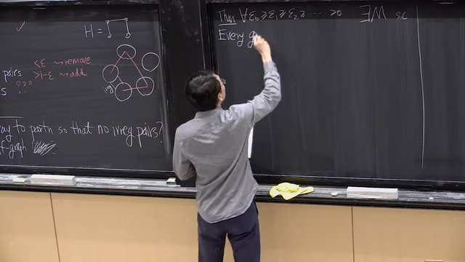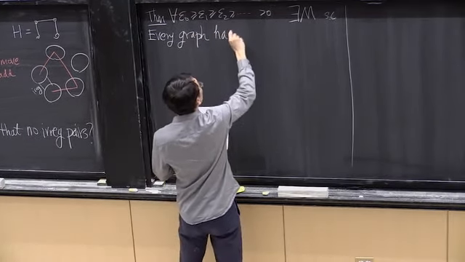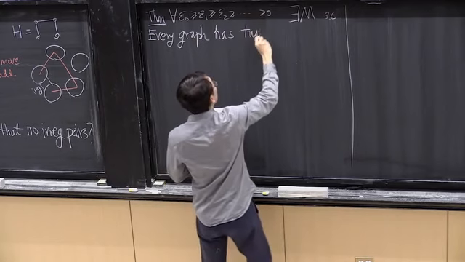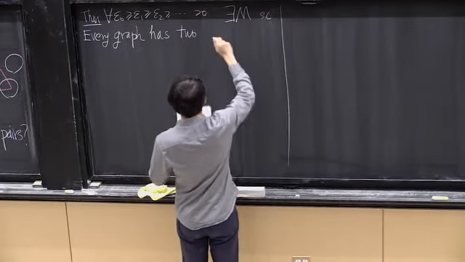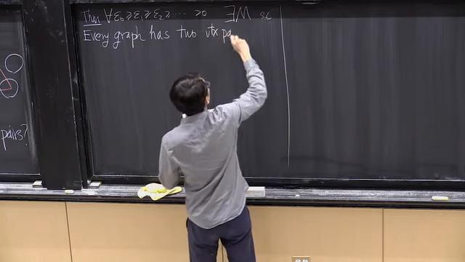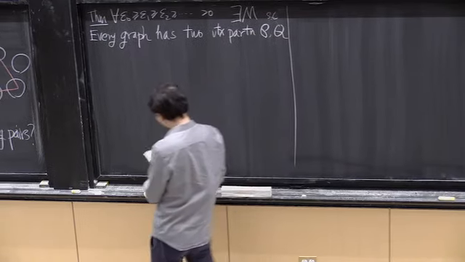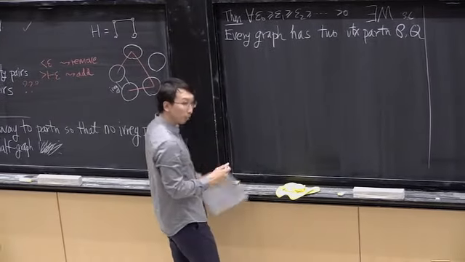every graph has not just one, but now we're going to get a pair of vertex partitions, P and Q, with the following properties.